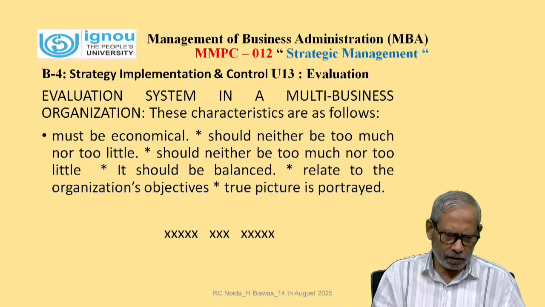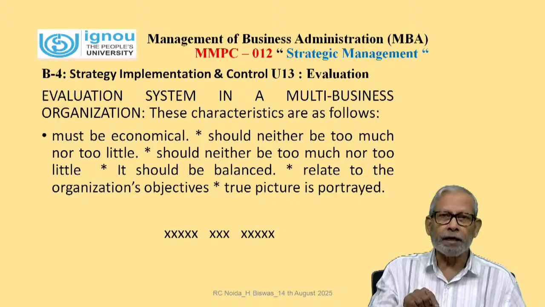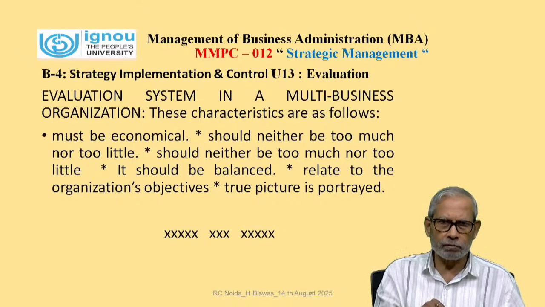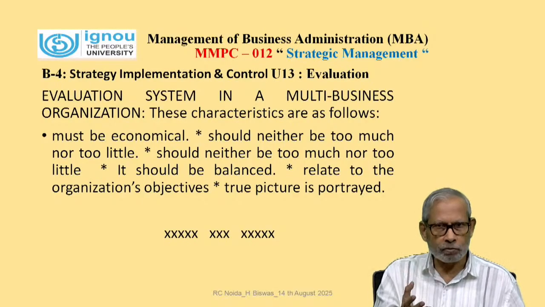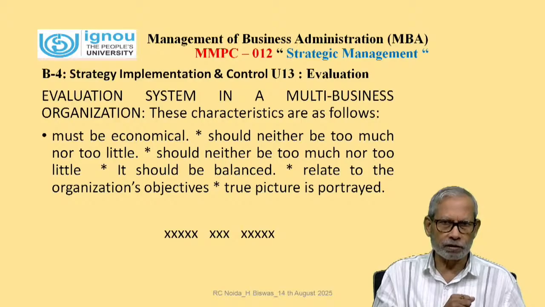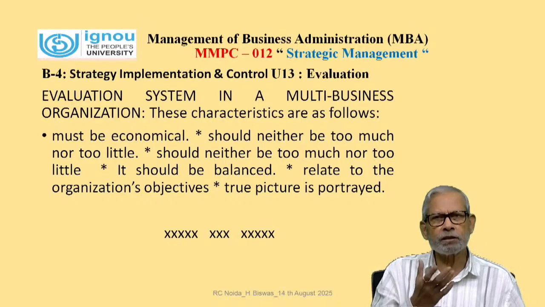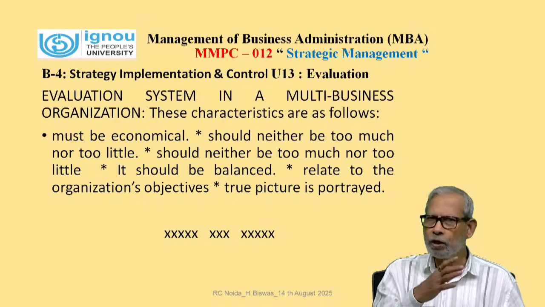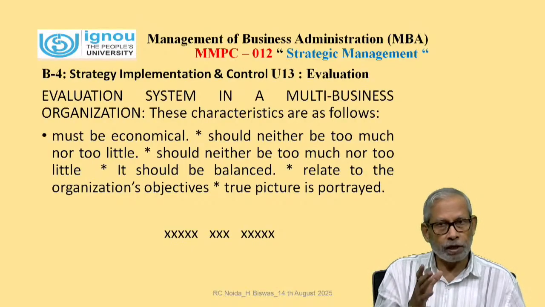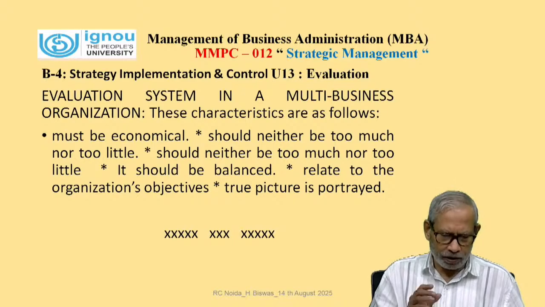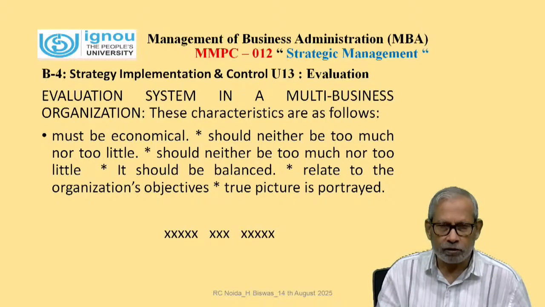Then strategic intent, what is the intent of your strategy: this is my intent, this is the way I have to go. Some statement you have to decide. Again 10 marks. Question number 3: explain the various modes of entry in the global markets with examples.